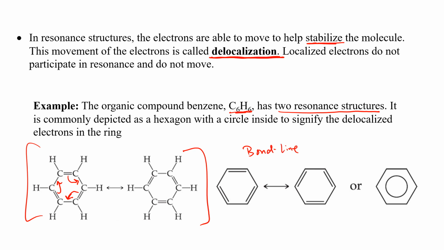You don't need to know how to do that. But this is often how you see benzene, or we can also draw benzene as a hexagon with a circle in it. Because all of the electrons are delocalized, they're constantly moving. So what would the resonance hybrid look like for this? Kind of like that.